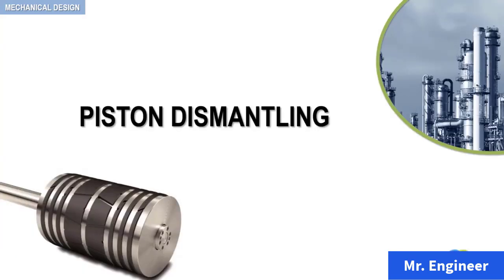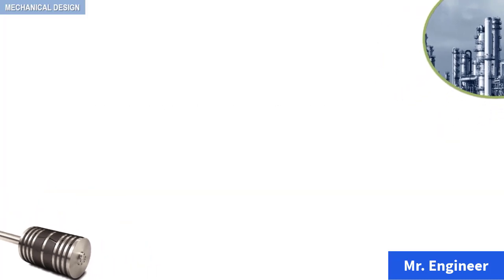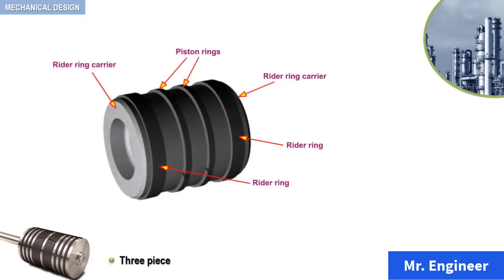In this video, we're going to dismantle a typical three-piece piston and view its cross-section using a 3D model. Let's have a closer look. So, this is our 3D model representation of a three-piece piston.